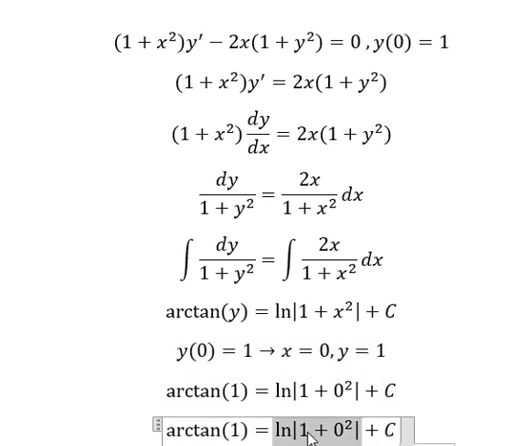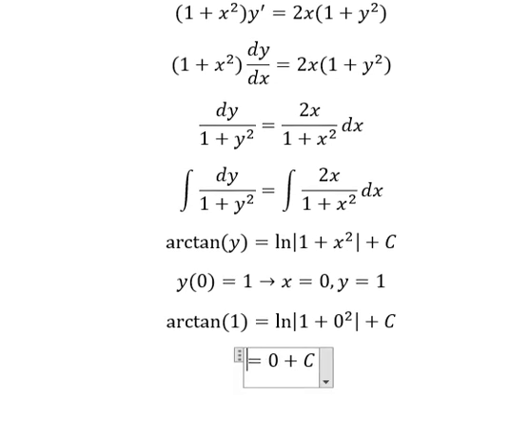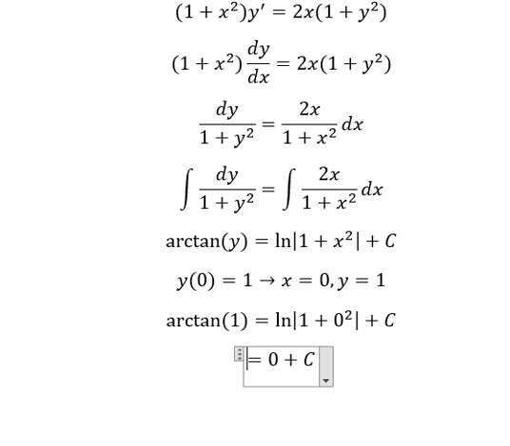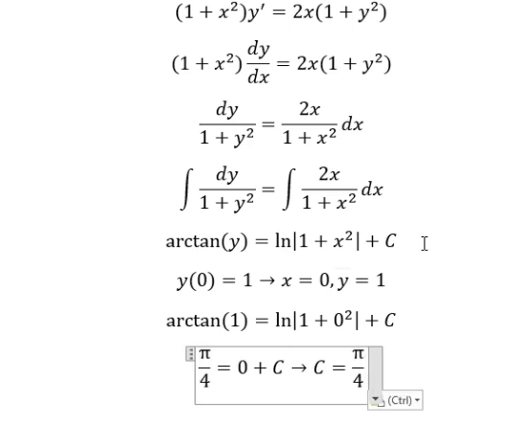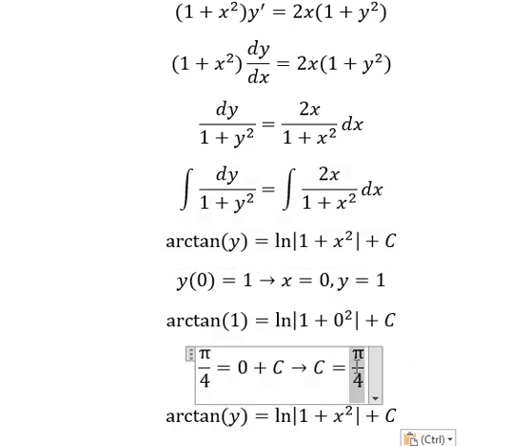Ln 1, you got 0, arctan of 1, that is pi over 4. So that means c equals this one. And now I can put pi over 4 here.